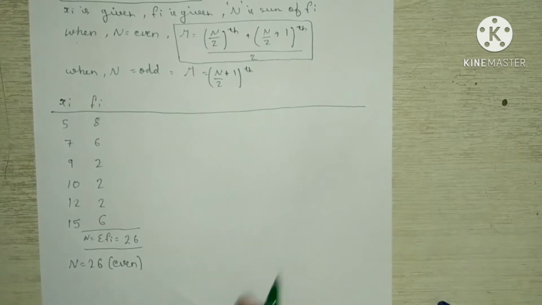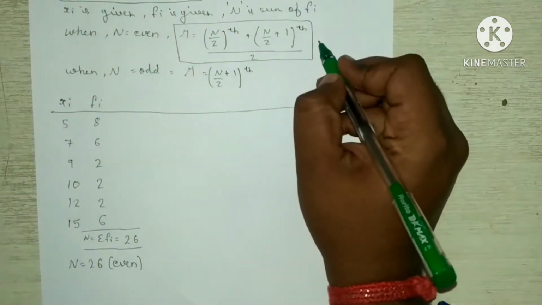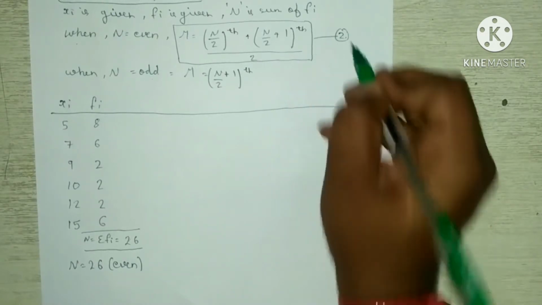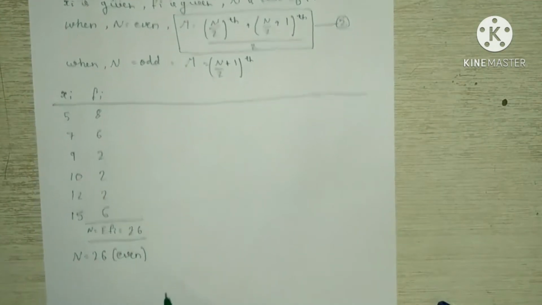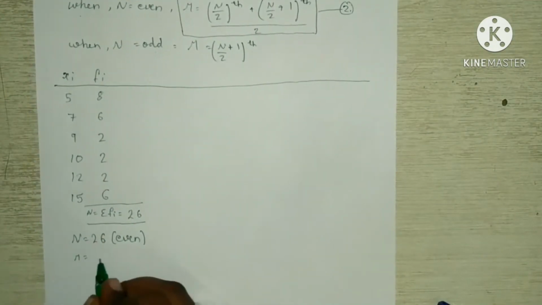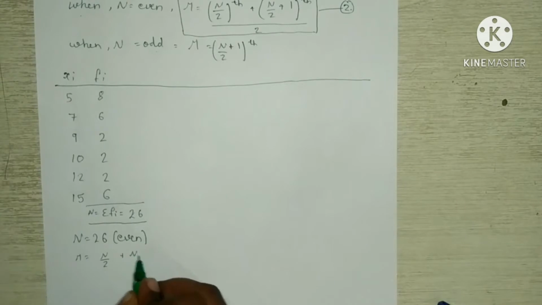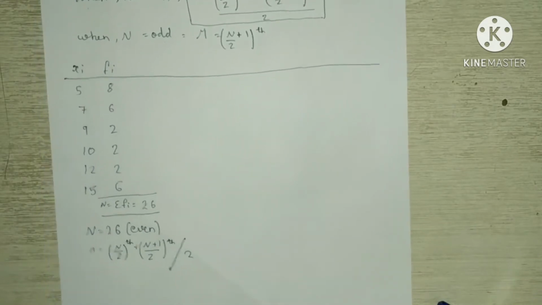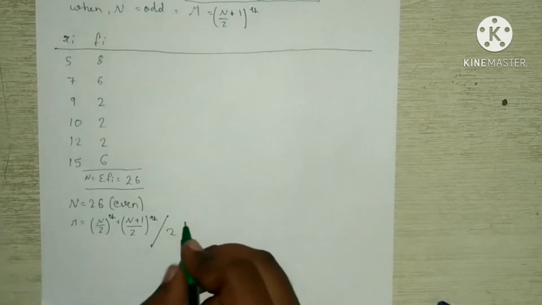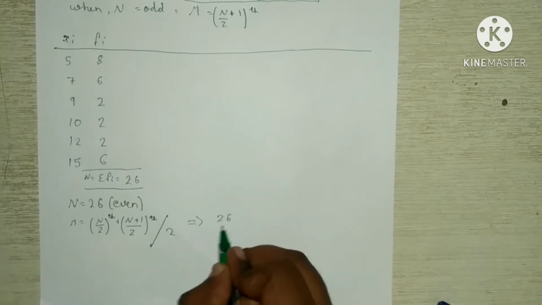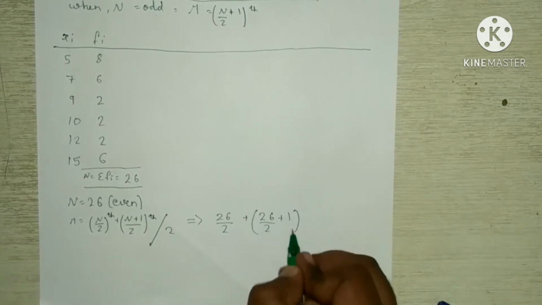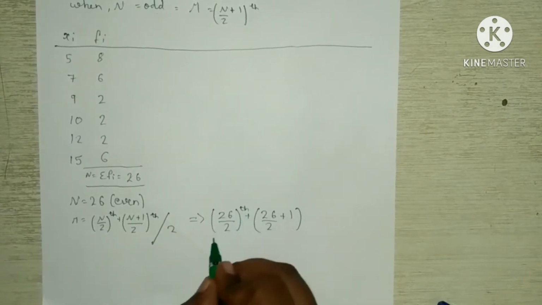Then you need to apply this formula. To find the median, you need to apply this formula. Let this formula be equation number 2. Median is equal to the n by 2th term plus the n by 2 plus 1th term, all divided by 2. n is 26, so you will get 26 by 2 plus 26 by 2 plus 1th term, all divided by 2.